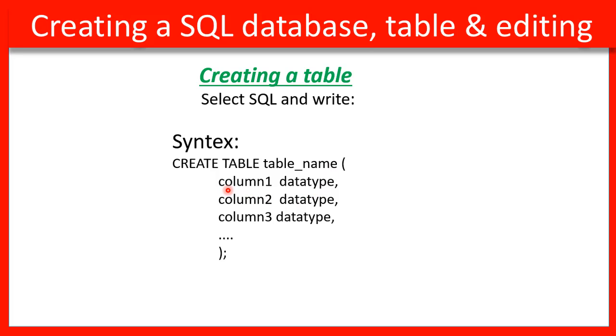Column 1, 2, 3, 4, however many columns you need, you write here, and the column type. If you write the name or ID as a column, you should write its data type. ID must be an integer, so you should write here int.